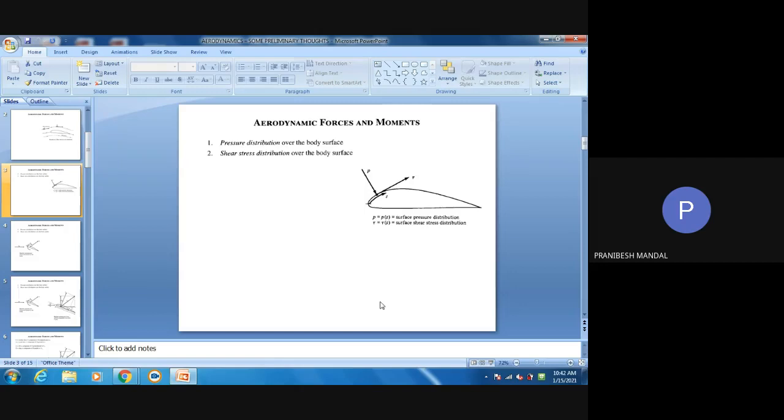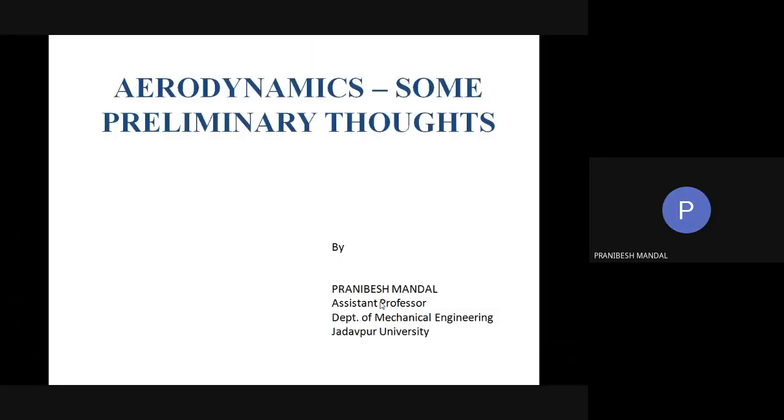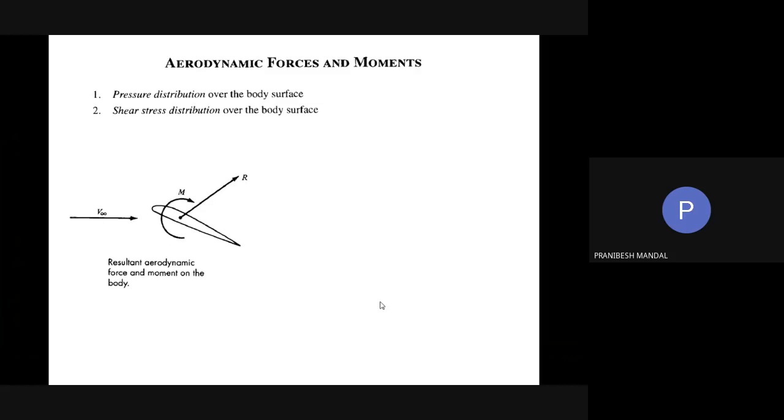Which velocity? Now there is one confusing part. It is obviously not opposite to the relative velocity. It is opposite to the velocity of the object. So V infinity is by default opposite to the object velocity, so shear stress is along the direction of V infinity.